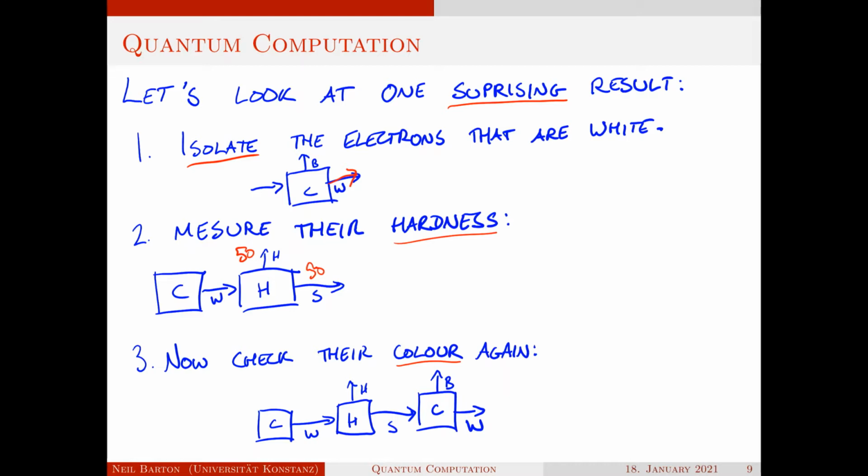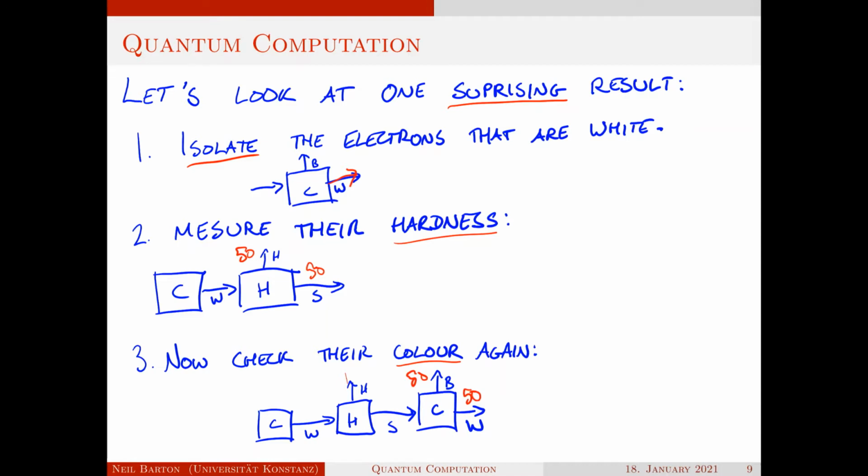Now, for either one of these two beams, I'm going to check their color again. So we've isolated the white ones, we've checked whether they're hard or soft, and now I'm going to check their color again. What happens? Have your guesses now. What happens is that 50% turn out to be black and 50% turn out to be white.